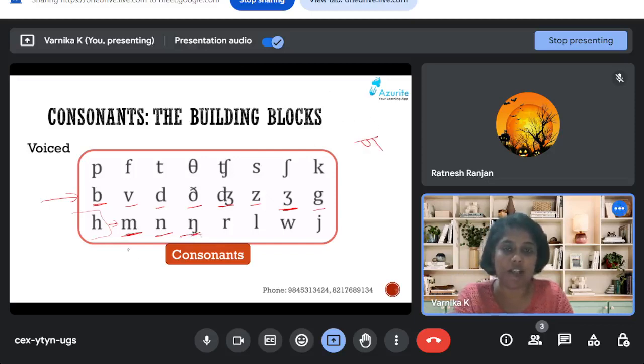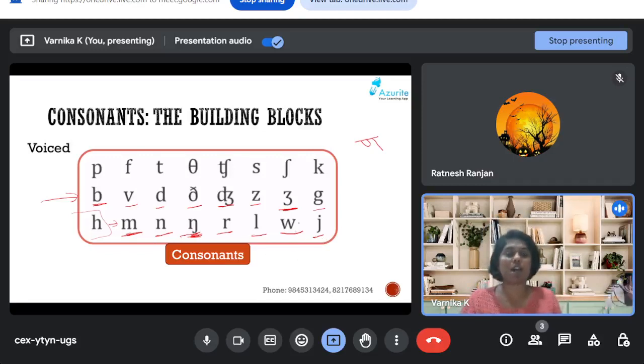That sound comes for this symbol. Then r, r, l, l, w, w. This is y, y. Okay, so these are all your consonant sounds.